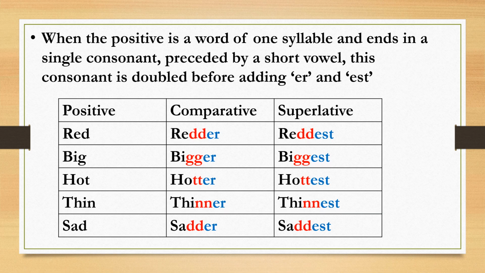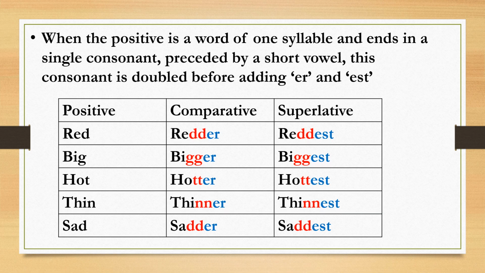We can see that red in the positive becomes redder in the comparative, where the last letter d is doubled. In the superlative also, the last letter d is doubled, where red becomes reddest.